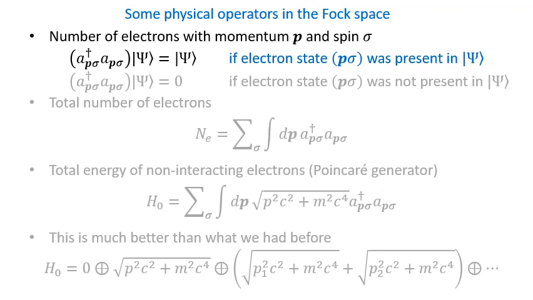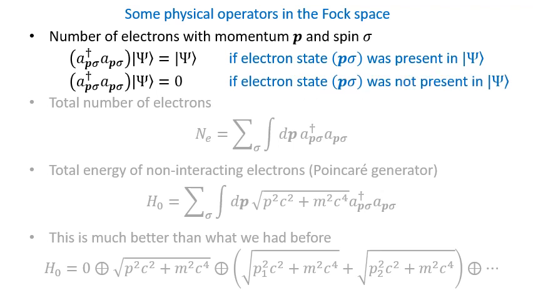If the electron state p sigma was present in the big psi, then the annihilation operator on the right will remove this electron state, and the creation operator on the left will recreate the electron with the same properties. As a result, the full state vector gets multiplied by 1, or by the number of electrons with momentum spin p sigma.